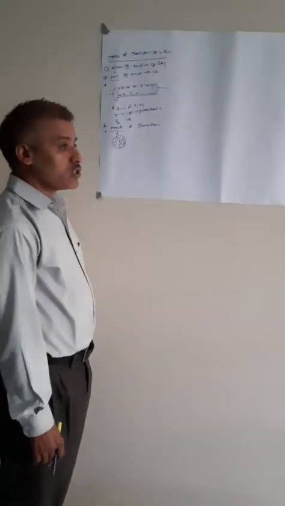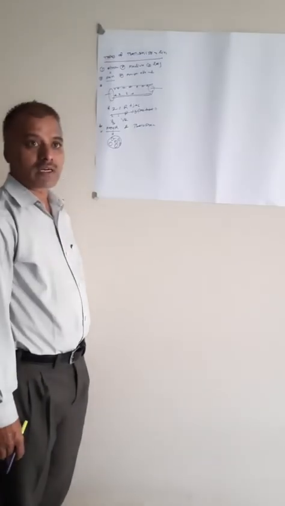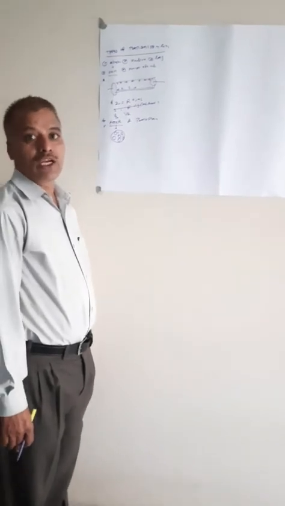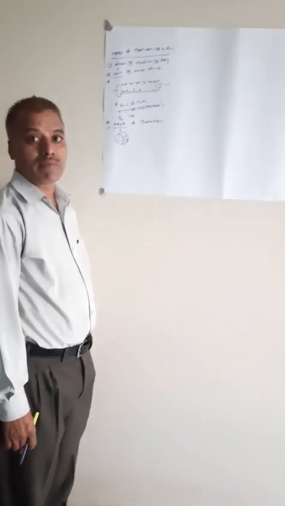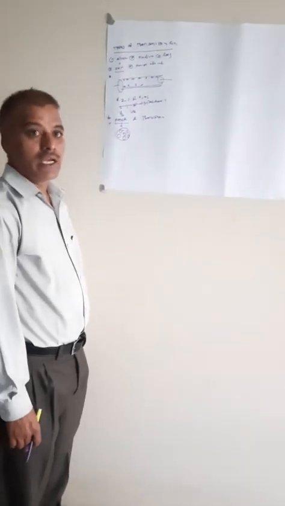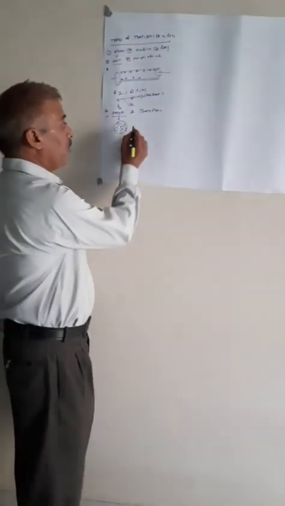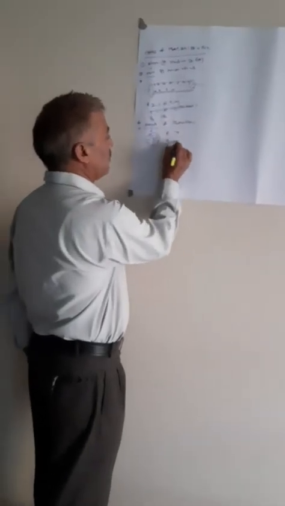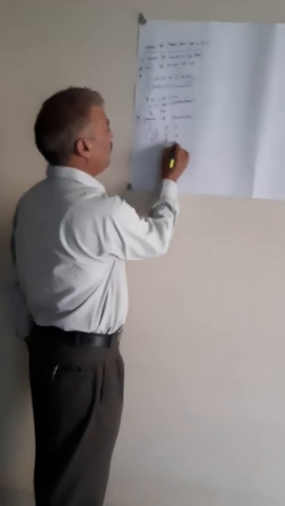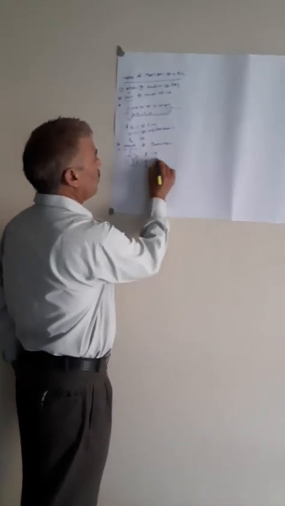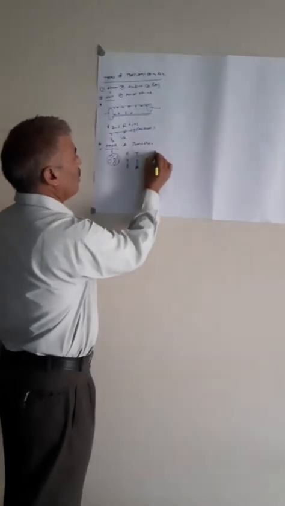And what is transposition of the conductor? Transposition of conductor is nothing but that after some kilometers, the position of the conductor is changed. If in the first section it is RYB, in the second section it may be YBR, and in the third section it may be BRY.